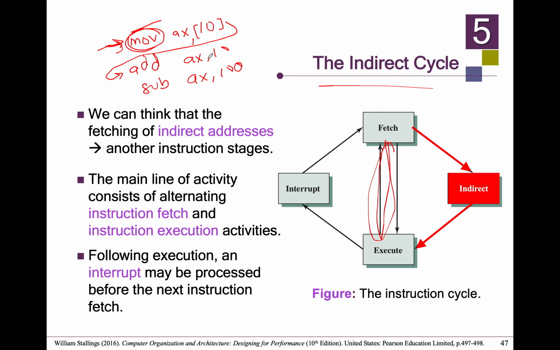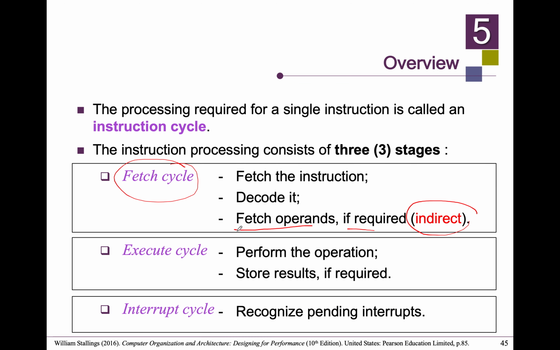To go to your next instruction, you're going to do the similar things, which is fetch. You do the fetch, you do the decode, and then sometimes, if necessary, you're going to do the indirect. What will happen for your indirect? If your fetch operands are required, so in the fetch cycle, you're going to fetch the instruction and decode it, right?